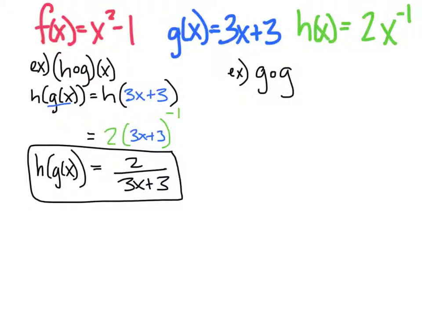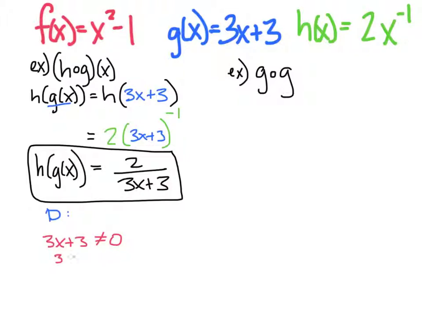Okay, but now I have to think about my domain. There's no roots, but there's an x in the denominator. Okay, so x in the denominator is not a cool thing because what number can we not divide by? 0. We cannot divide by 0. So I know that whatever this 3x plus 3 is, it cannot be equal to 0. So I set the entire denominator equal to 0 and say, okay, you cannot be 0. And now I'm going to solve for x.